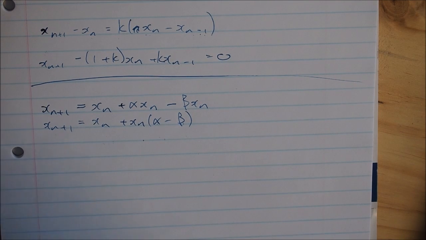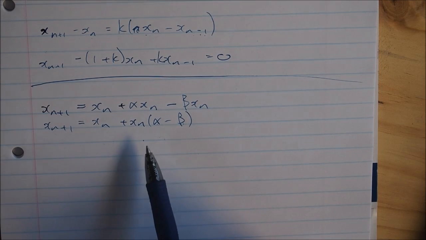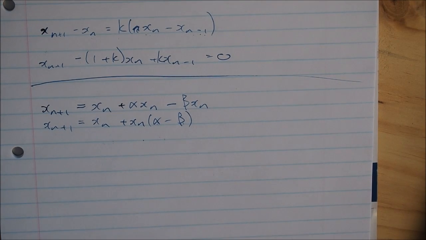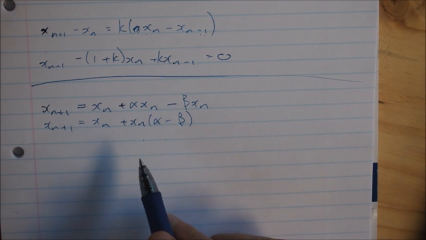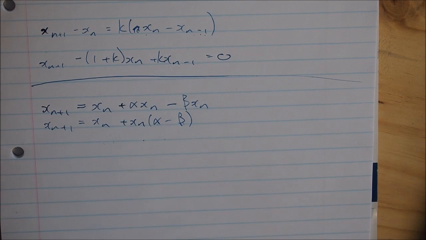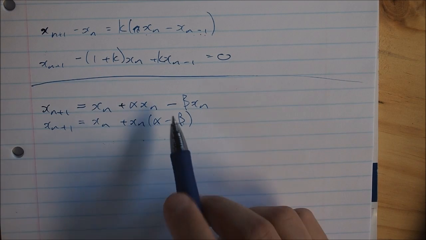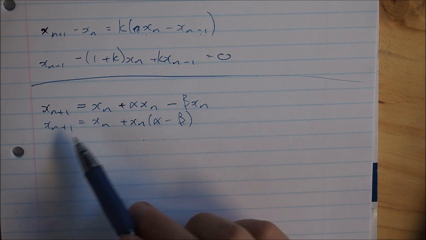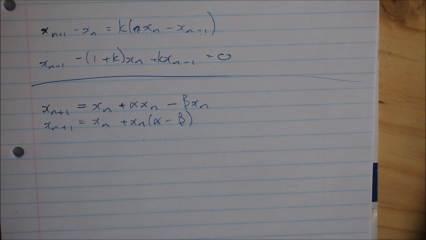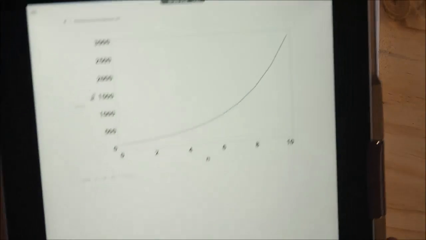So if the death rate is higher than the birth rate, then the population will be decreasing. More animals will be dying than are being born, and then obviously the population dies off. And there's a special case when alpha is equal to beta. This term is 0, and the population remains constant.